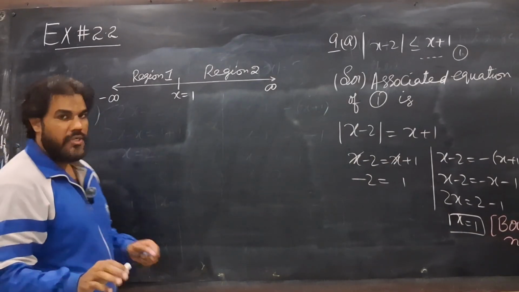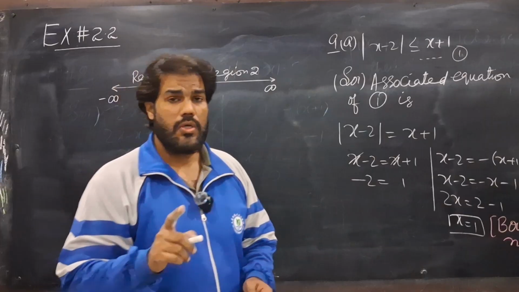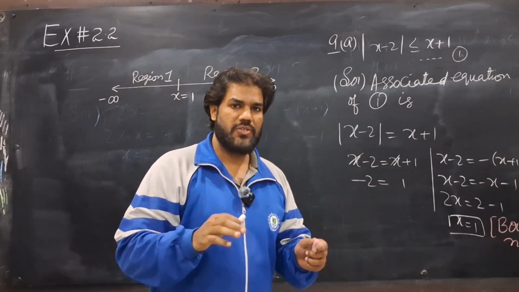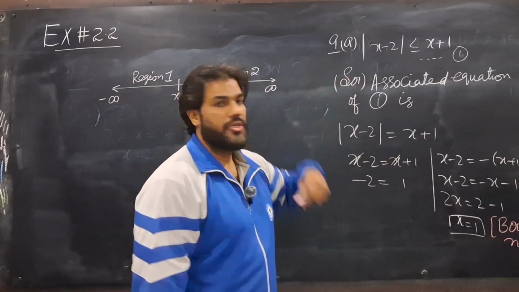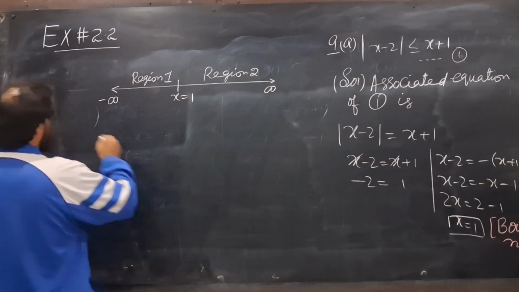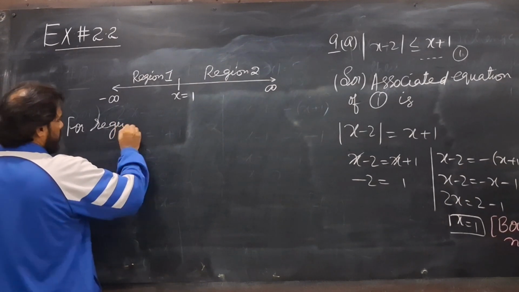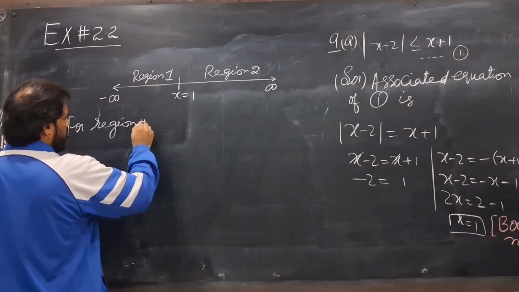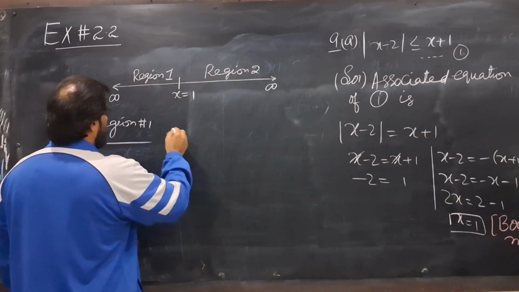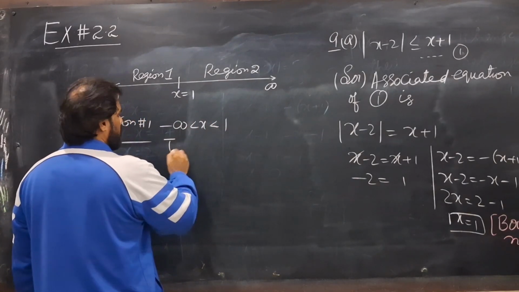We will take any test point from both of the regions and we'll check does this point satisfy the given inequality or not. So firstly we test region 1. In region 1 our x lies between minus infinity to 1.